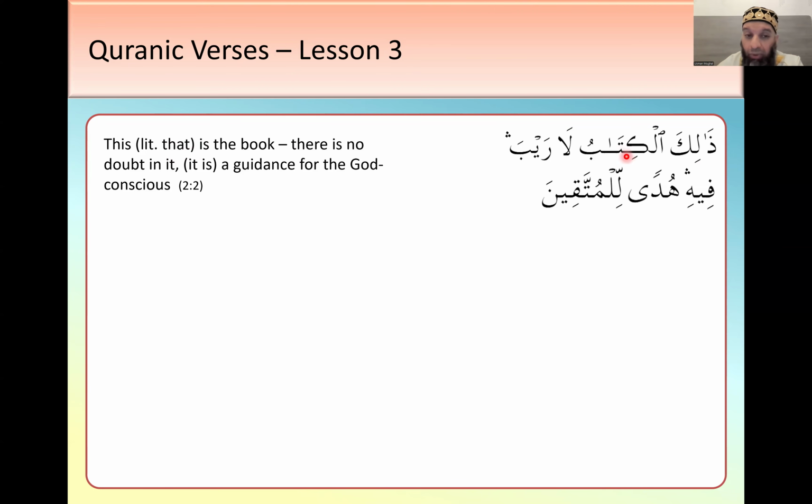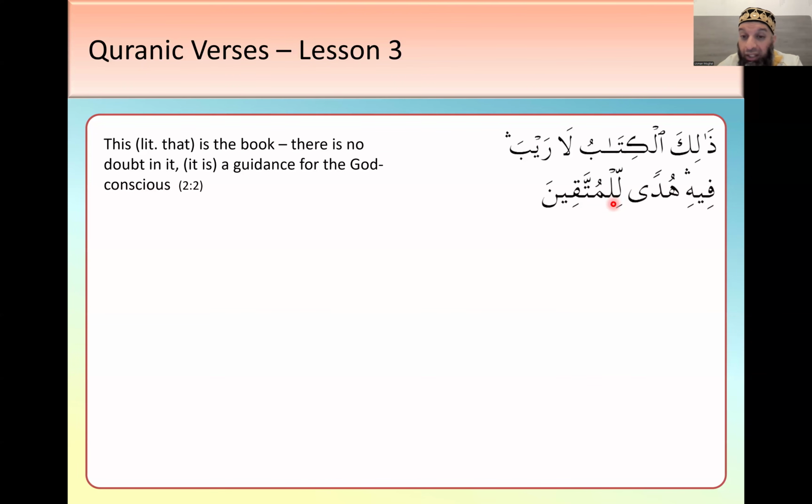That is the book. So la rayba we've not done yet, but la means not. La rayba, no doubt. Fihi, in it. We've not done fihi yet. Hudan we've done. A guidance. Lil muttaqina we've not done, but I'm showing you where it starts connecting up here.